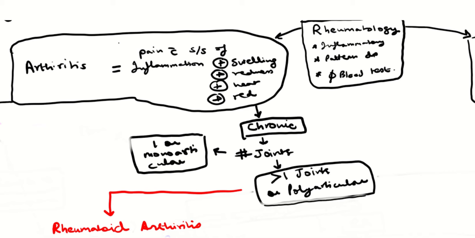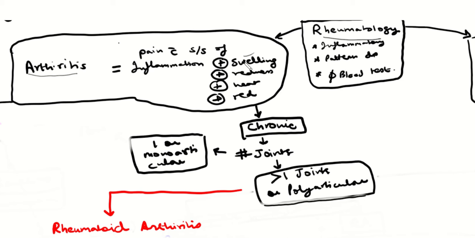Greetings. So, in this lecture, we'll talk about rheumatoid arthritis. Again, we look at rheumatology, and within that, we talked about arthritis, which was a pain with signs and symptoms of inflammation.